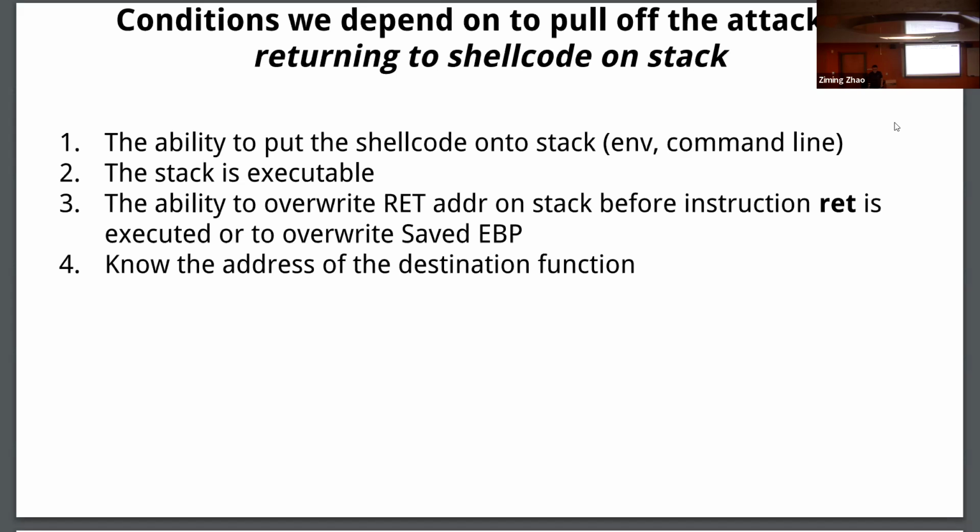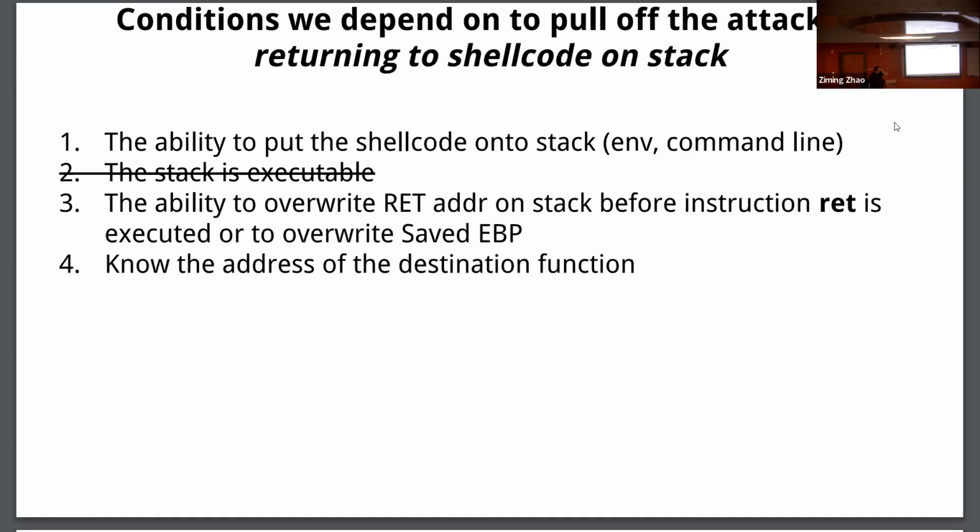Then we need the ability to override a return address before the corresponding return instruction is executed. Also, as we learned last class, we can override the saved EBP. Obviously, we want to know the address of our destination, the shellcode, but we can create a huge NOP sled to loosen those requirements.